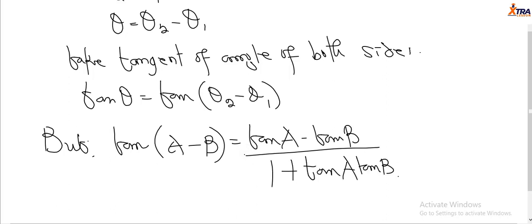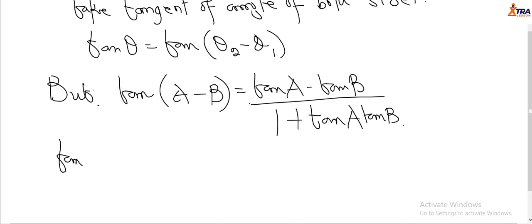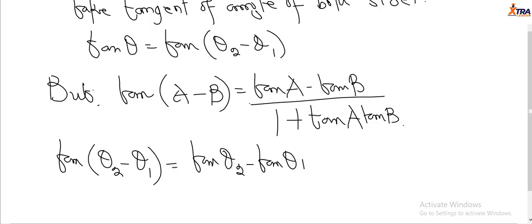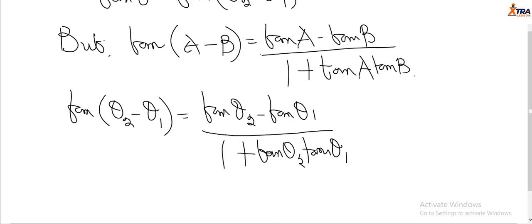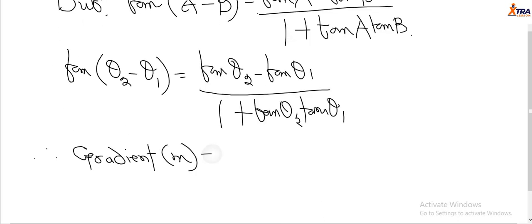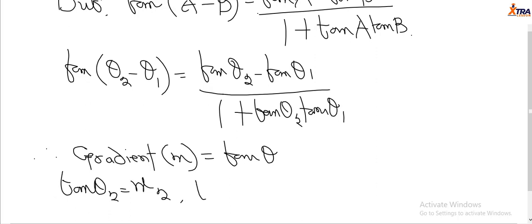So if we compare that with this, tan (theta 2 minus theta 1) equals tan theta 2 minus tan theta 1 over 1 plus tan theta 2 tan theta 1. Likewise from our gradient, we said m equals tan theta. So tan theta 2 becomes m2 and tan theta 1 becomes m1.